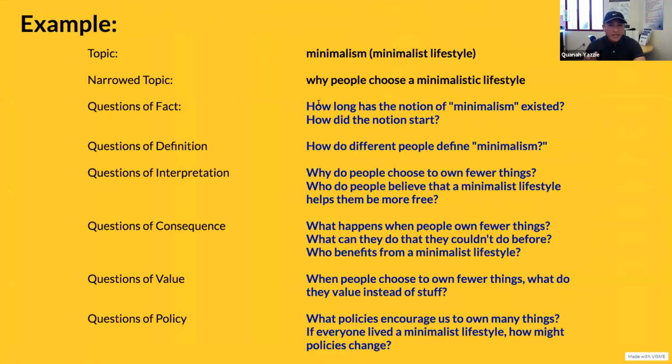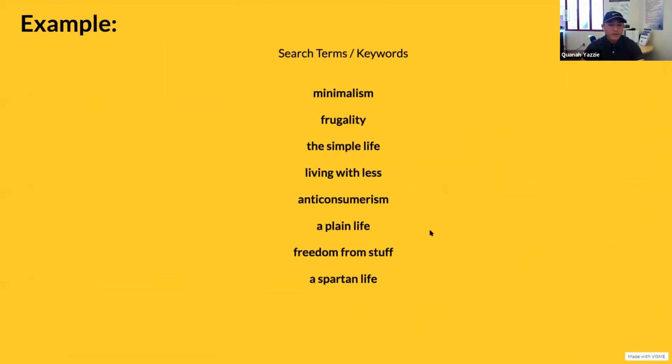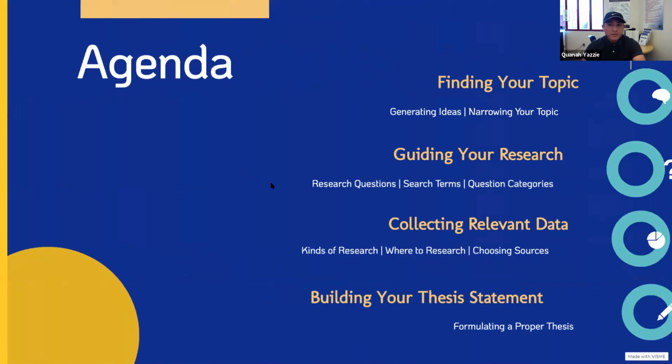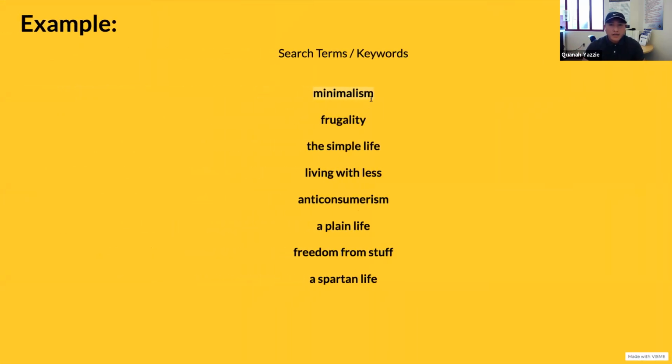So once we start to answer these questions, we can start going on the internet and start to research these questions. And from those questions, we then begin to find key terms, search terms, and keywords if we're using APA style. And when we're researching those questions, we start to find things like these search terms.